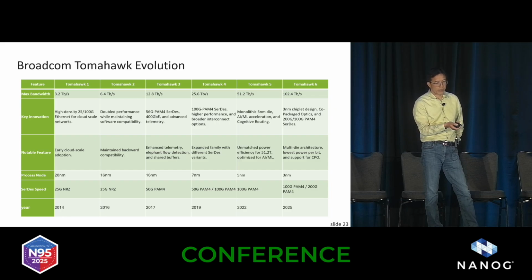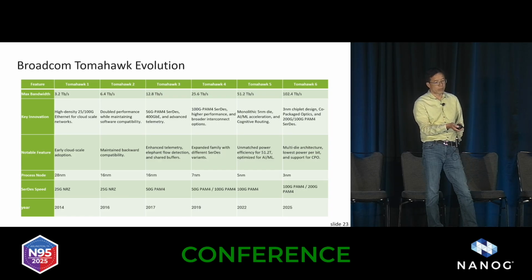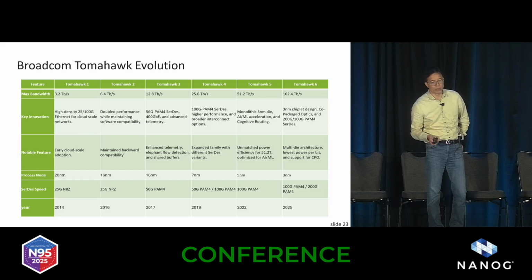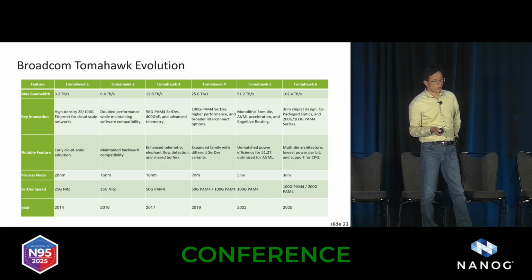Looking at the process node, the first Tomahawk is 28 nanometers, today is 3 nanometers, and the same for Express 6 as well as Trill 7, all 3 nanometer chips. For SerDes speed, we have 25 gig at Tomahawk 1, and today it's about 100 gig or 200 gig, they support both. I think Express 6 also supports 200 gig SerDes.